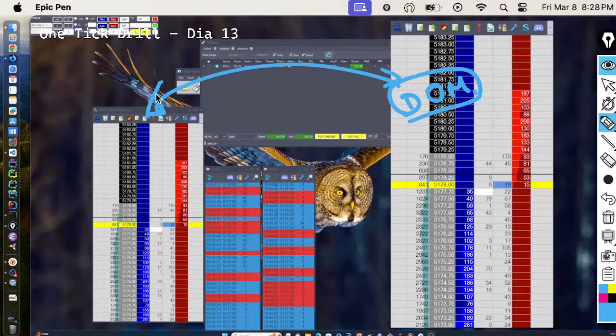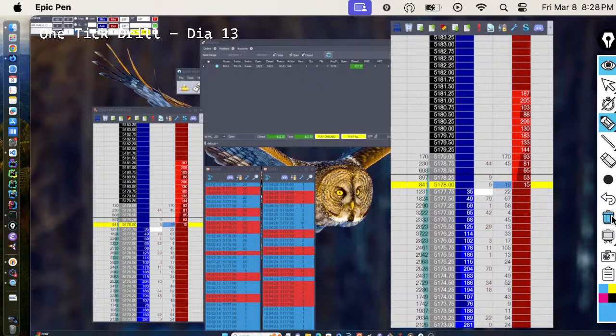The only thing I've done is create a bigger version for you guys so you can see clearly what's happening. The instrument that I'm trading is the ES.